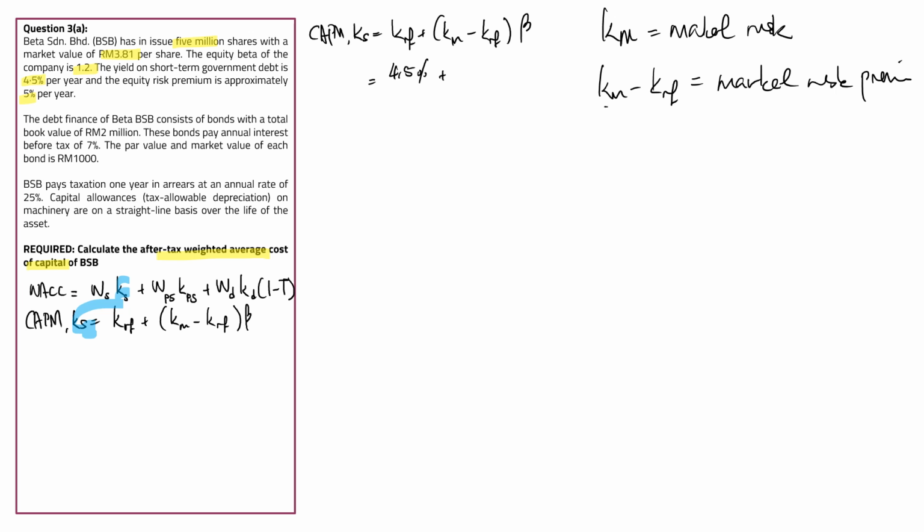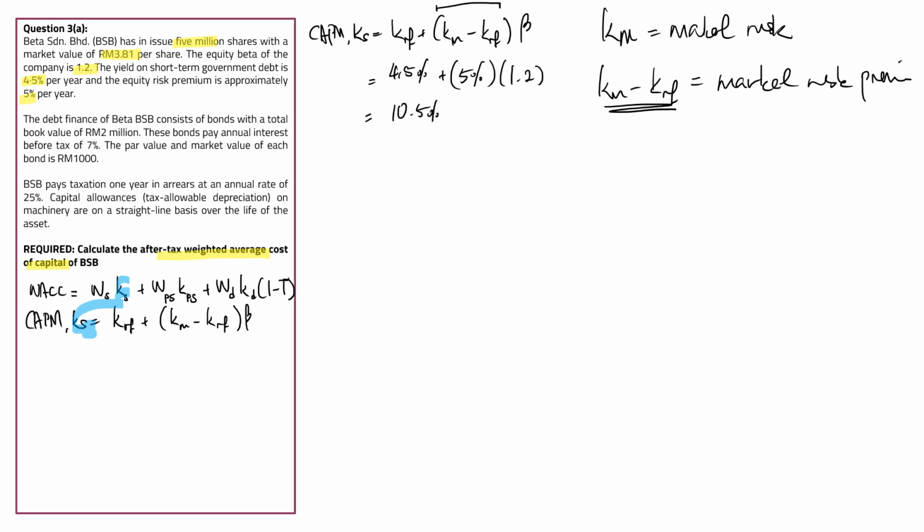They have already netted the amount for you, so let's assume that this is given to us and this figure is done. So it's 5% per year times the beta of 1.2. The cost of equity is 10.5%.